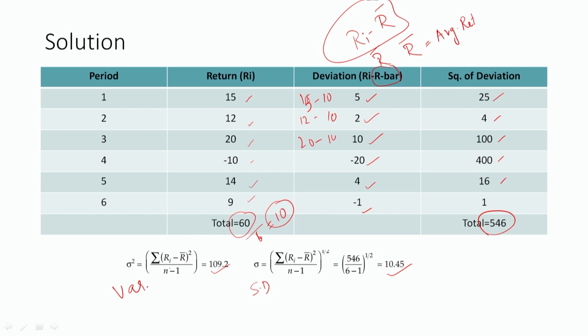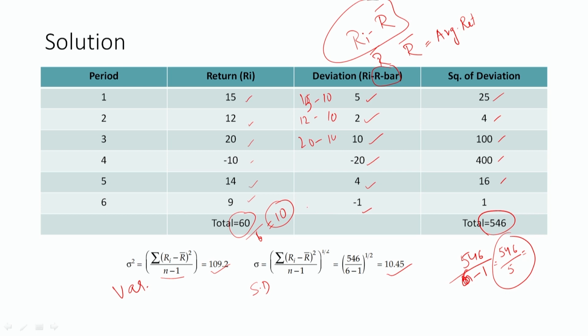If we want to explain this further, then 546 divided by n minus 1 is the formula. n is 6, so 6 minus 1 is 5, and 546 divided by 5 gives whatever value comes, and the square root of that value gives around 10.45 standard deviation.